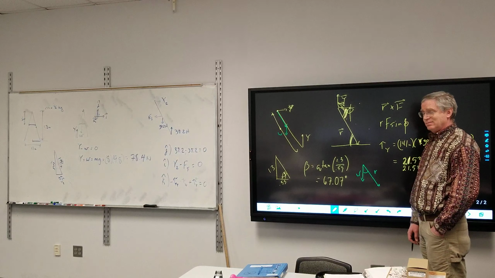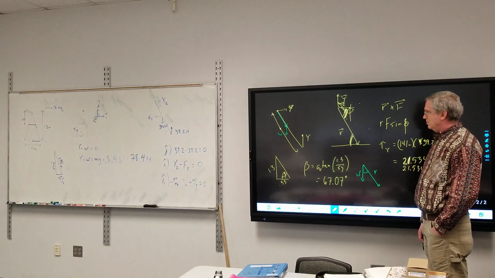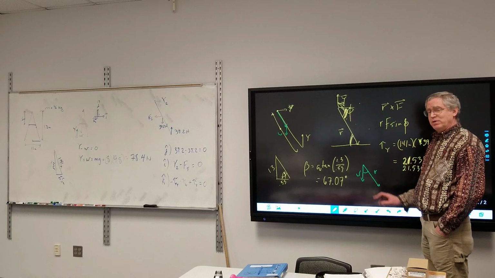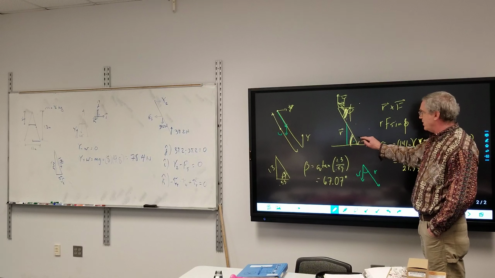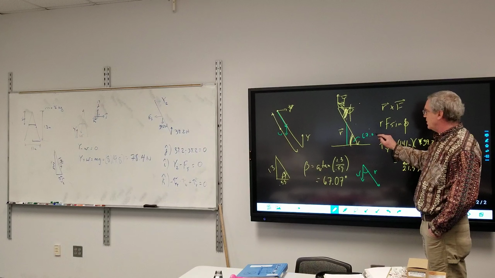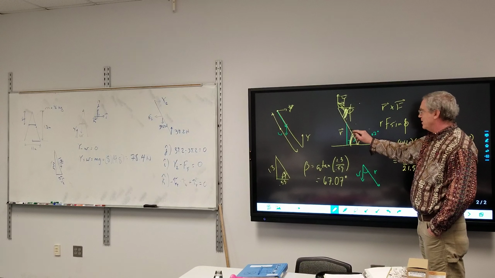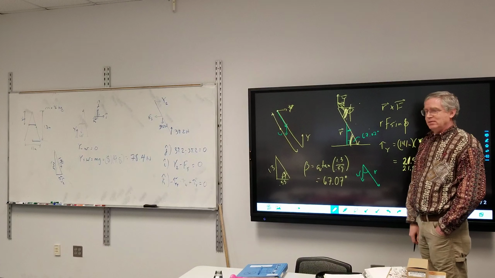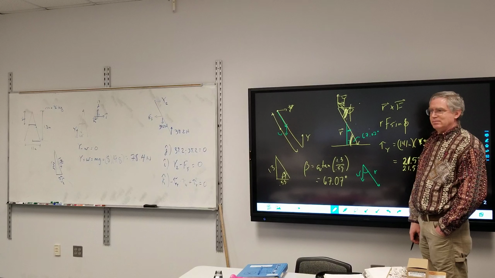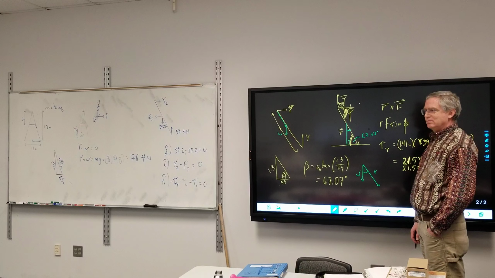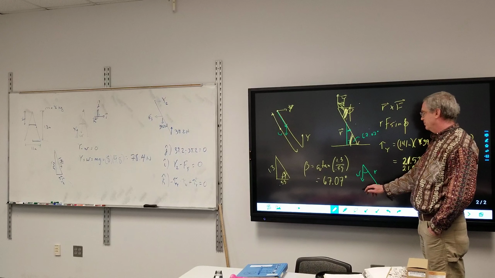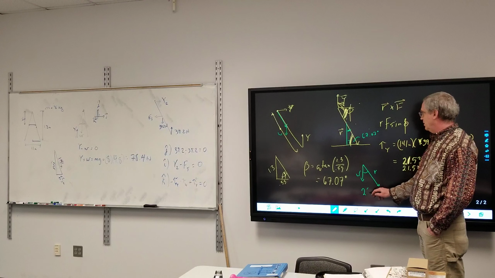Okay, so I think it's going to be sine. We're still going with sine, we just need the angle. I know this angle here is 67.07 degrees. That's 90 degrees, what is this angle right here? We just do 90 minus 67.07. Yeah, that's the process. So 22.93.